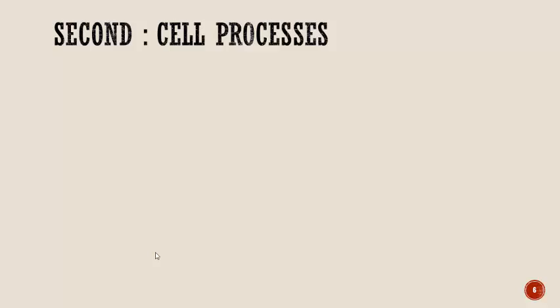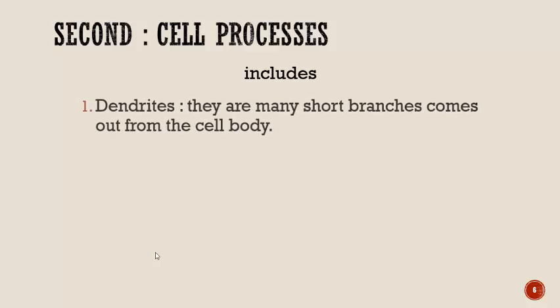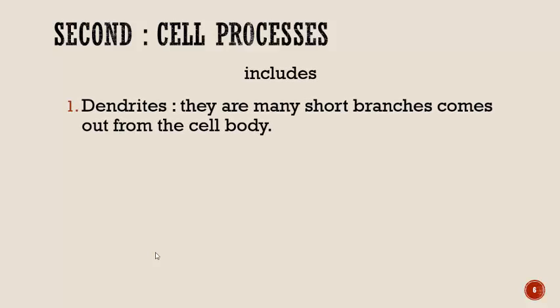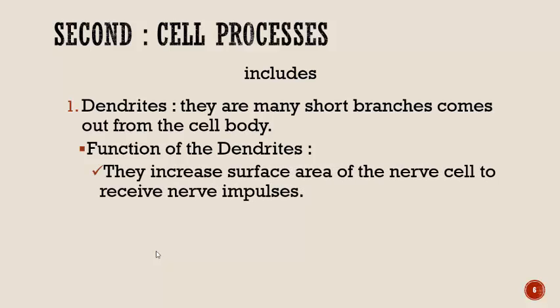These cell processes, or the parts of the nerve, are divided into two parts. Number one, dendrites, and the other, the axon. Dendrites are many short branches, you can see them coming out from the cell body, and these dendrites are very important to connect the nerve cell with other cells and increase the surface area for receiving nerve impulses.